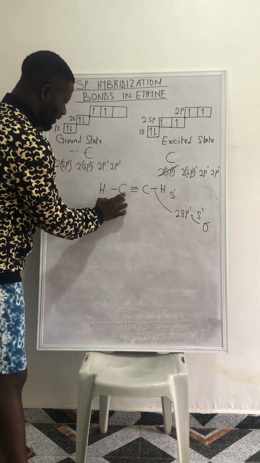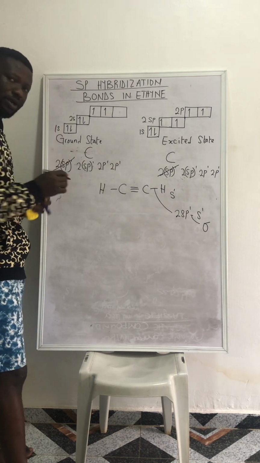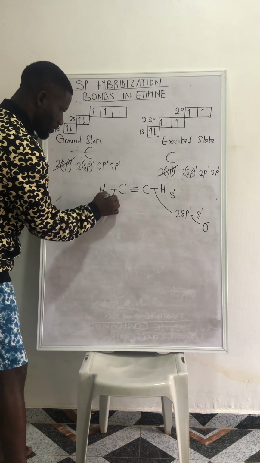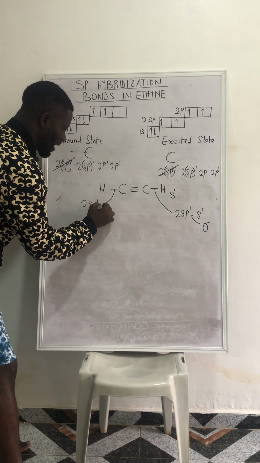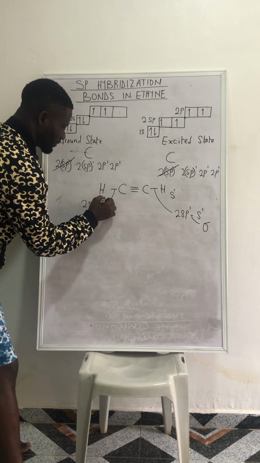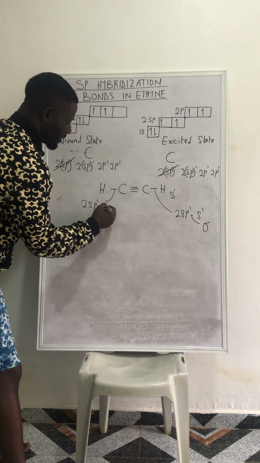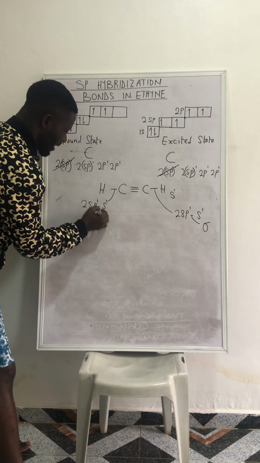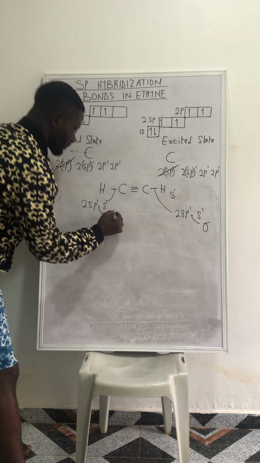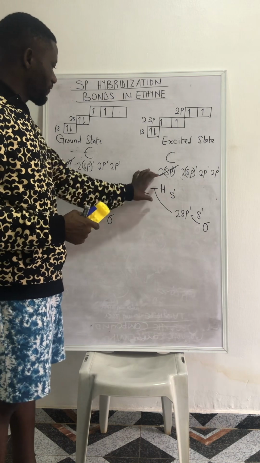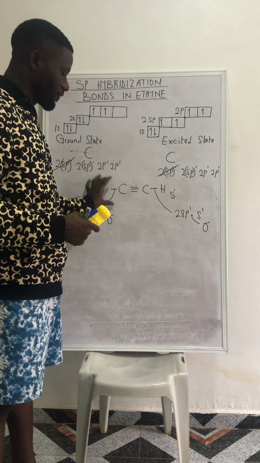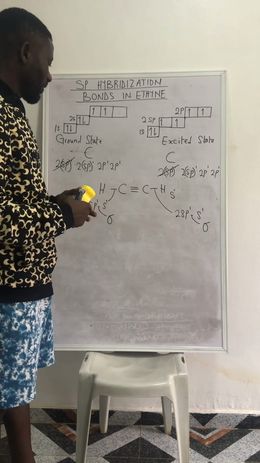The same thing applicable here. I don't need to waste my time here. So we have 2sp1 and we have s1. And the bond here is also sigma bond. So that means we have taken care of this and we have also taken care of this. All right.